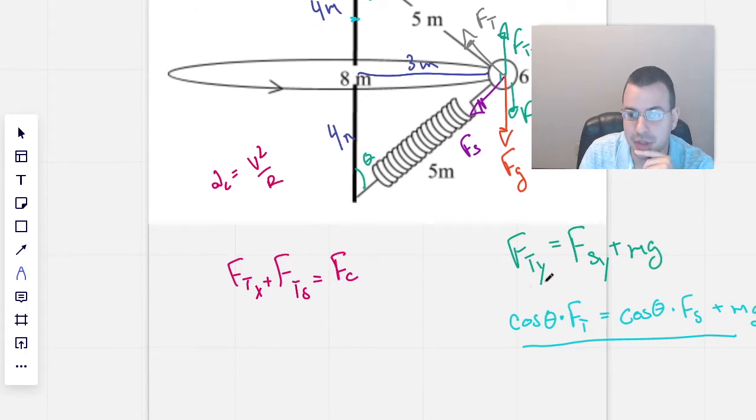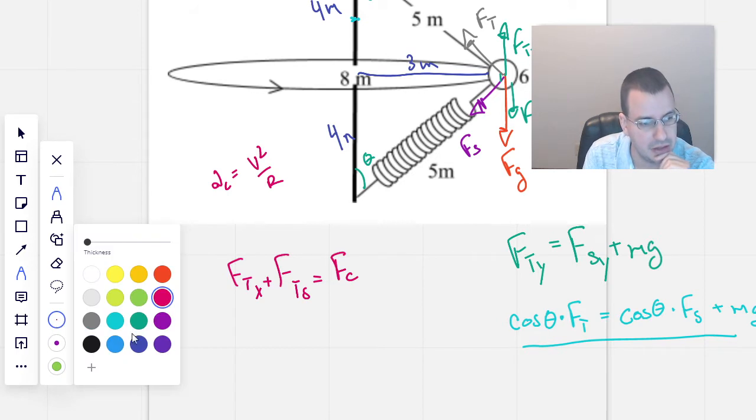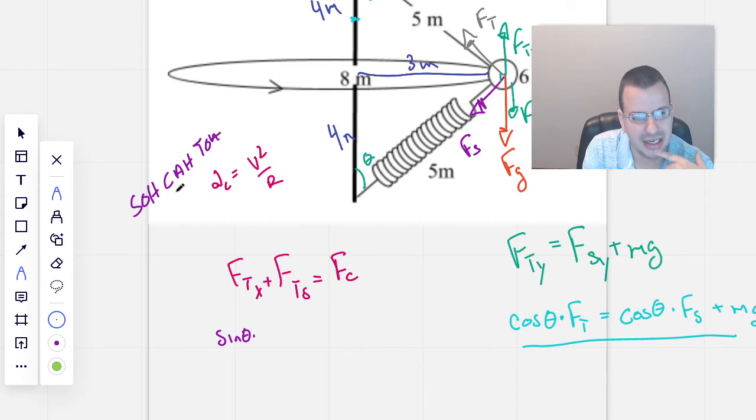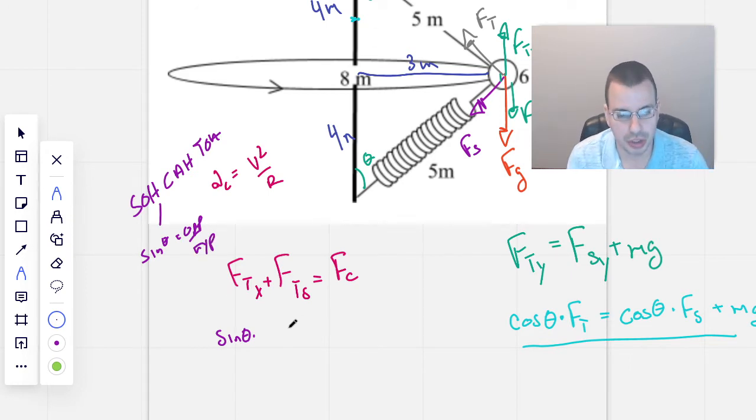And we do the same thing we did earlier, but this time we're going to use sine of theta. This is SOHCAHTOA. We'll probably do a little bit more of this later, I suspect, where sine of theta is opposite over hypotenuse, and it helps you calculate out which one to use.